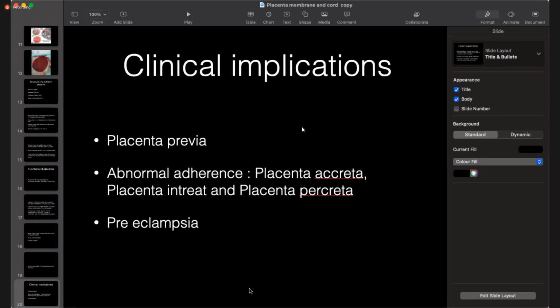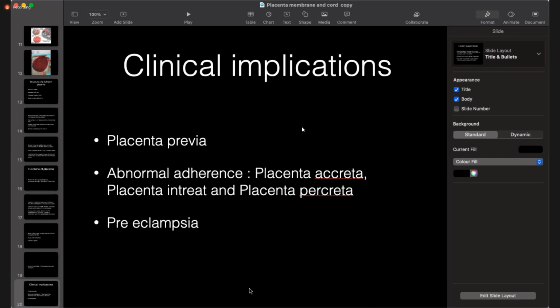As a consequence, they face a condition called postpartum hemorrhage or obstetric hemorrhage. Placenta previa, and sometimes more than that, there is a condition called placenta accreta. Placenta can get attached to the previous scars in the uterus. If the patient has undergone myomectomy surgery or cesarean section, it can get attached to the scar, and if it is attached, it's very difficult to remove the placenta.